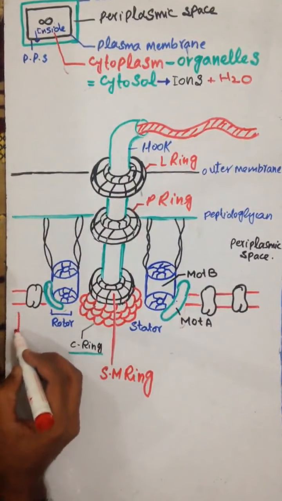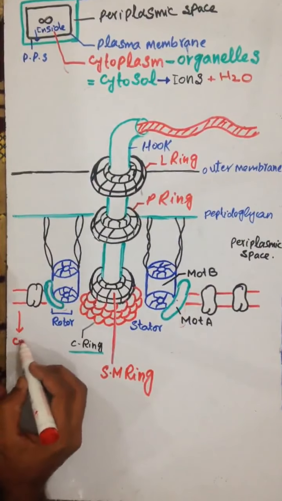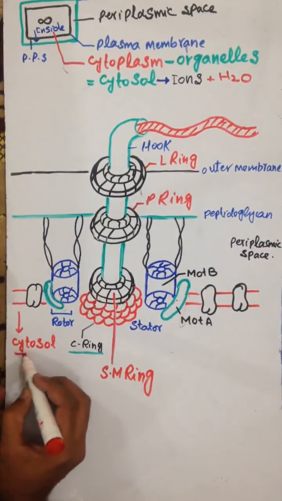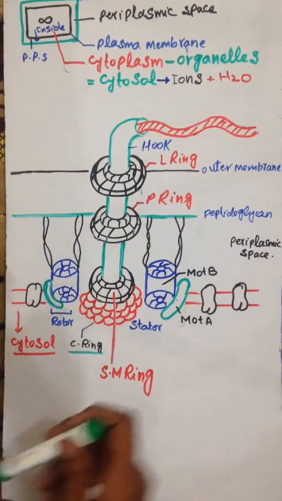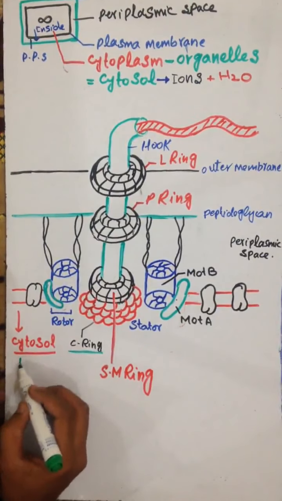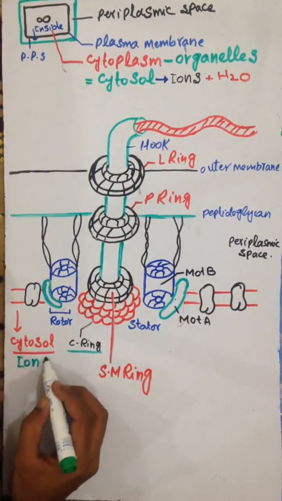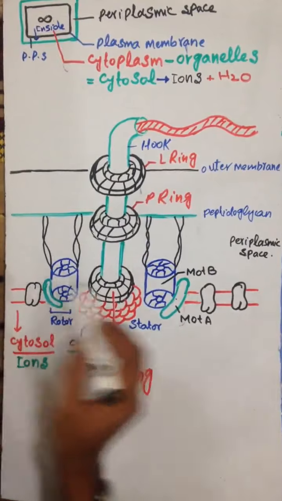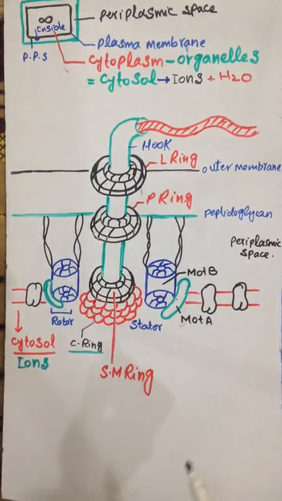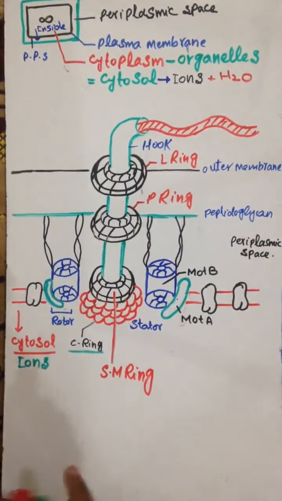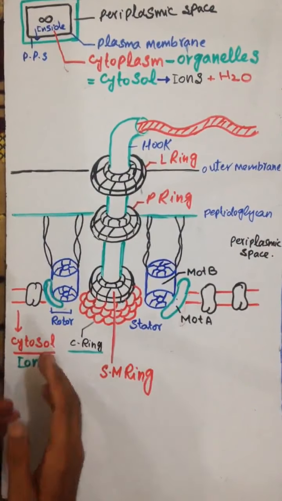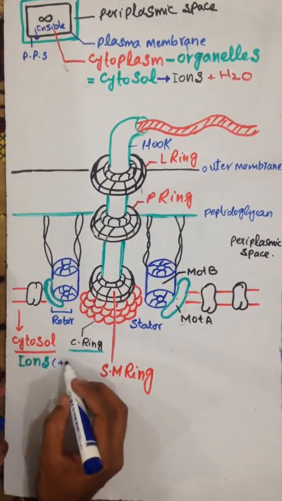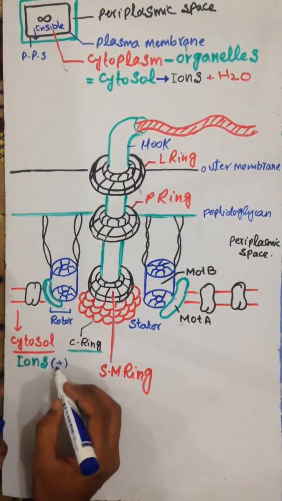This is the inside containing cytosol. In cytosol there are multiple types of ions acting as solutes, and this is the periplasmic space. So what we have to do now is consider ions consisting of protons, actually. Positive ions, that means hydrogen ions.